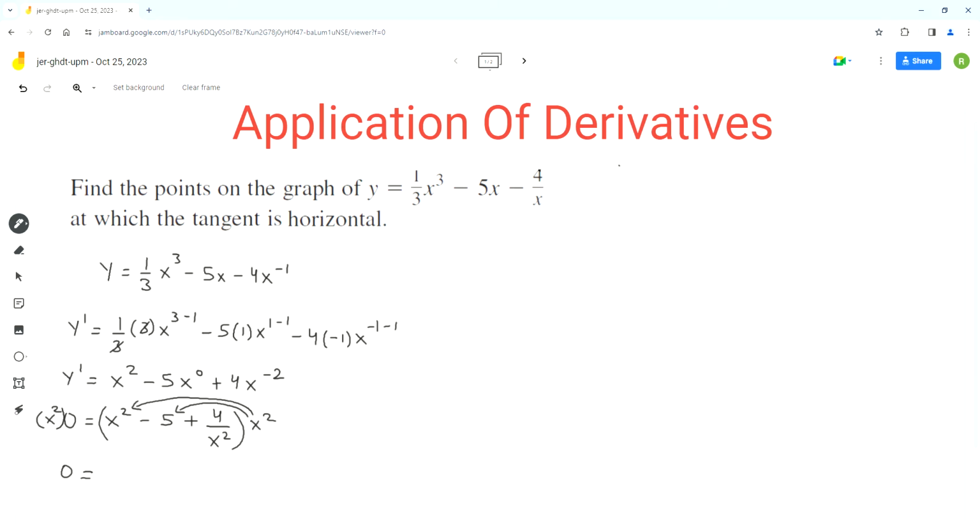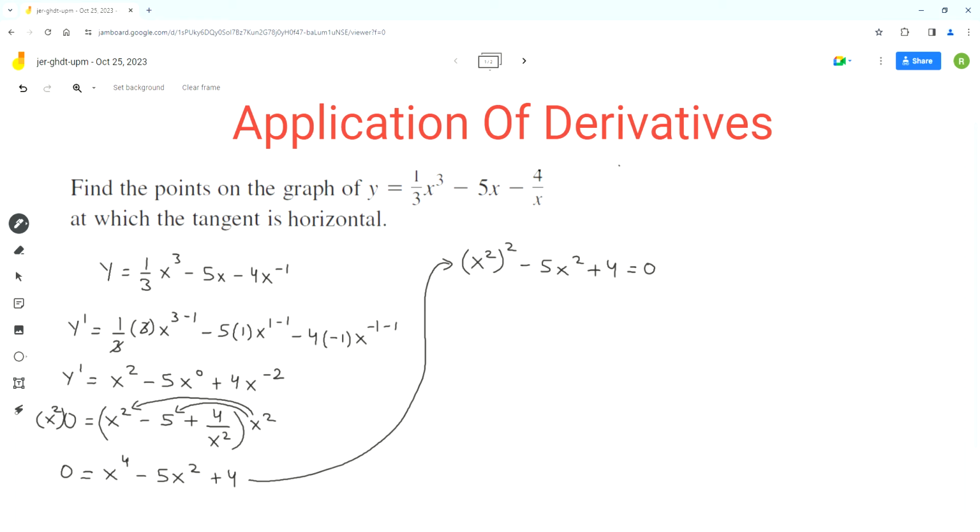So we get x to the power 4, because x squared times x squared is x to the power 4, minus 5x squared plus 4. We have to solve this equation. So this can also be visualized as x squared squared minus 5x squared plus 4 equals 0. So we can factor this equation.